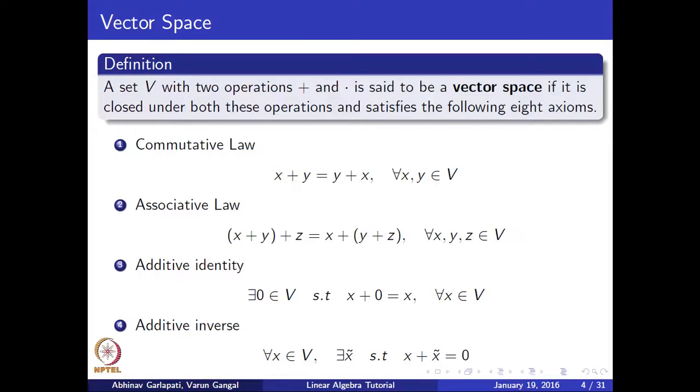The associative law says that if you pick any triplet from this set, x, y, z, then x plus y added together plus z is equal to x plus y plus z added together. The additive identity law says that there exists an additive identity, or a zero, so to say, in the set, such that if you pick any element from the set and add this zero to it, you get back the same element.